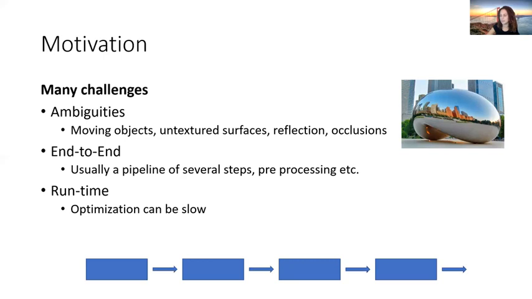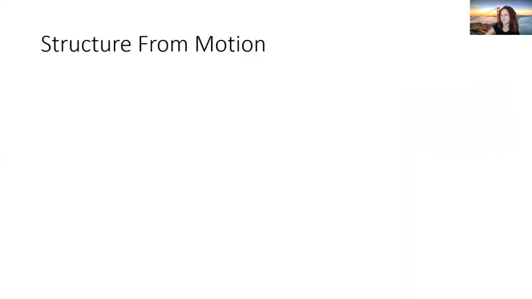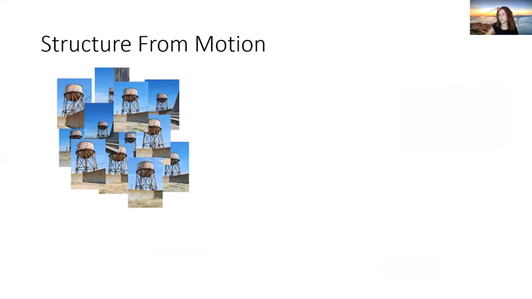Runtime optimization can be quite slow, and we would also like to make it faster. And accuracy, I think it's in general for every AI thing and almost everything in computer science now that we can always make it better. So, Hodaya, runtime here is for inference? Yeah, inference.